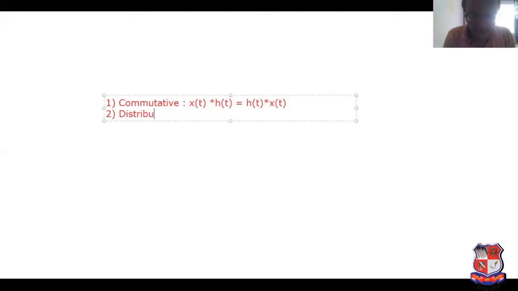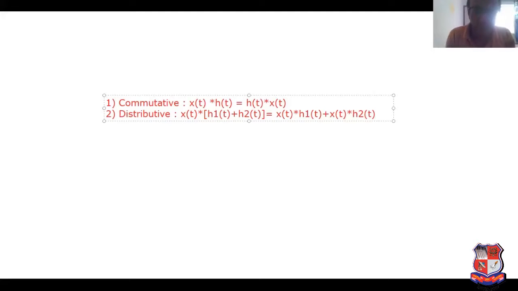Second is the distributive property: x of t convolved with the bracket h1 of t plus h2 of t is equal to x of t convolved with h1 of t plus x of t convolved with h2 of t.